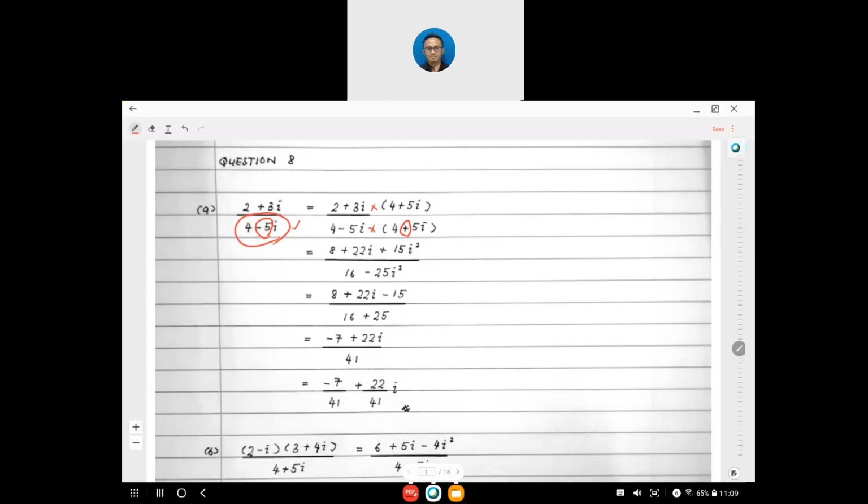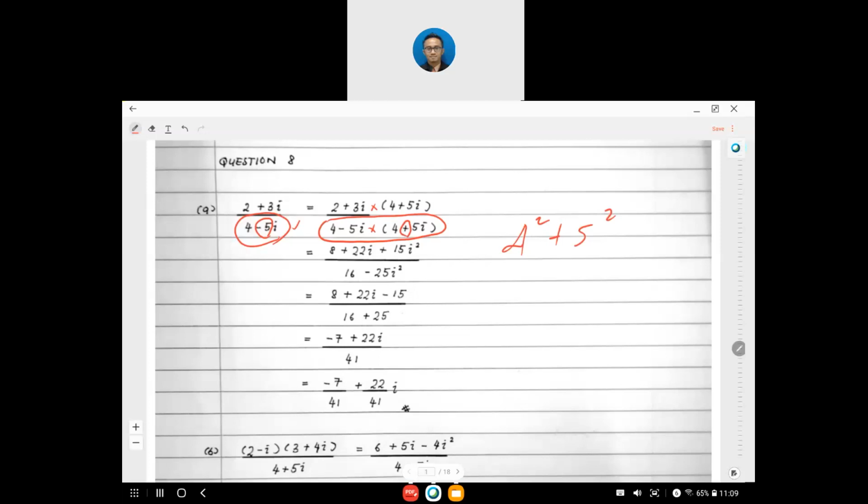If you multiply by the conjugate of the denominator, the denominator automatically becomes 4 square plus 5 square, because any complex number multiplied by its conjugate, the value of i does not exist.